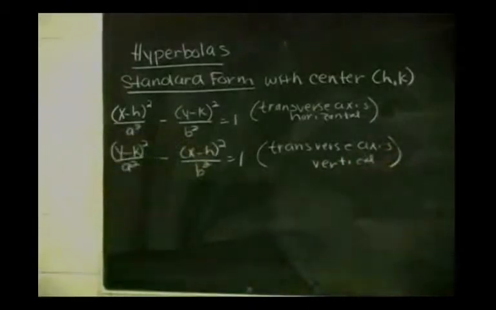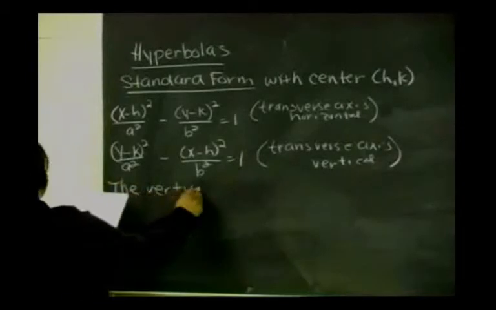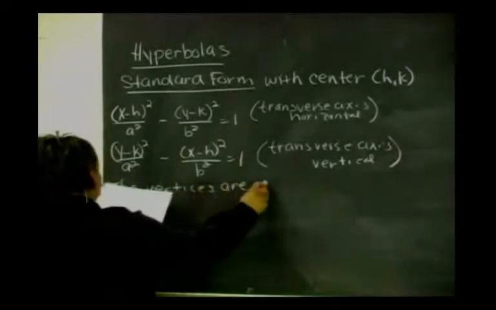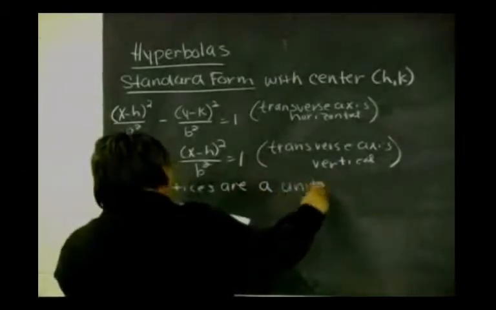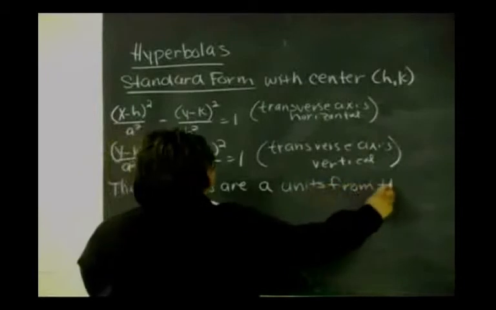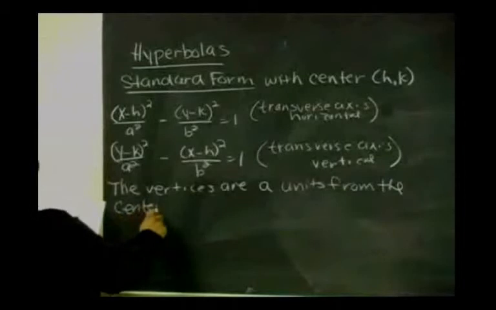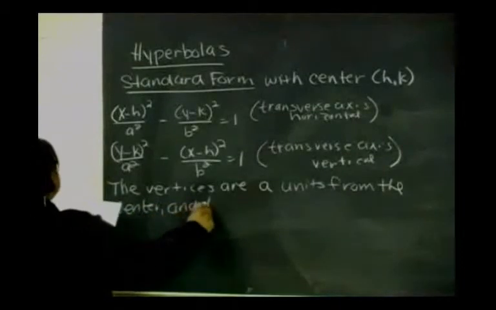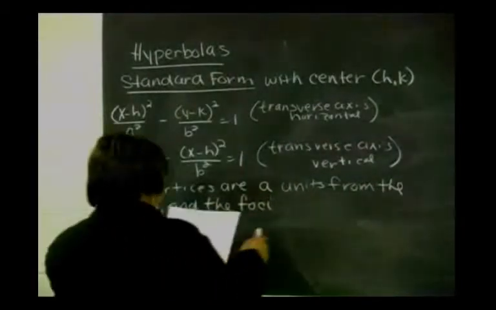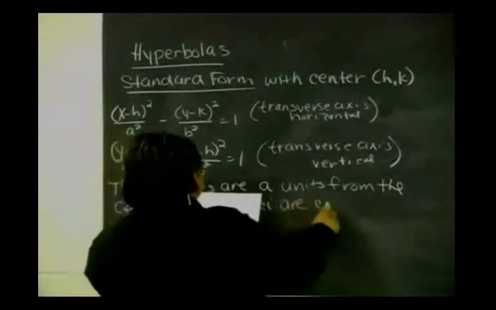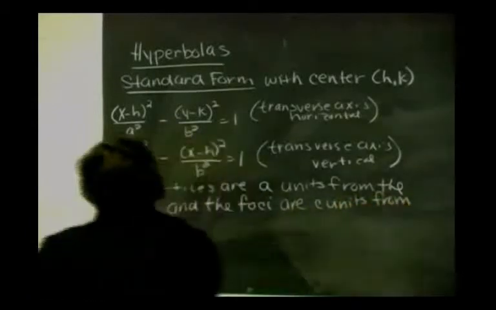Okay. So, the vertices are a units from the center, and the foci are c units from the center.